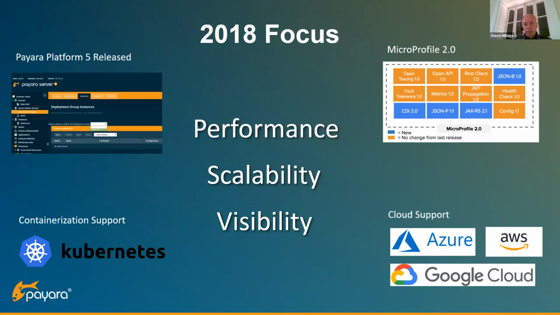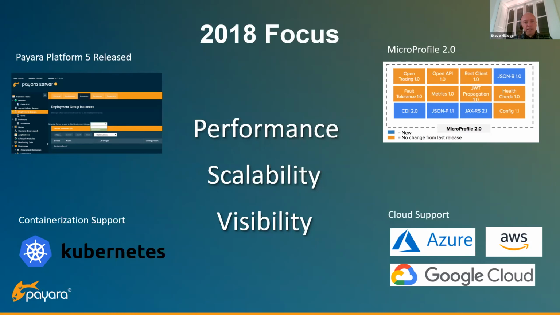We've also done work on Payara Micro to make sure that it can work well in both container environments and cloud, and also cloud itself. So we've done some work around Azure and making Payara Micro work in Azure container services and Azure app services as well.